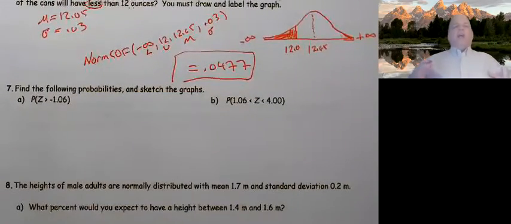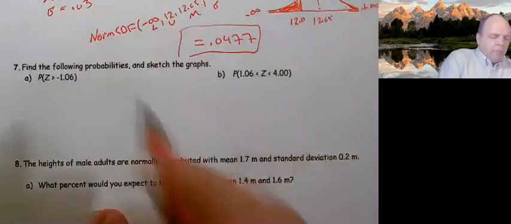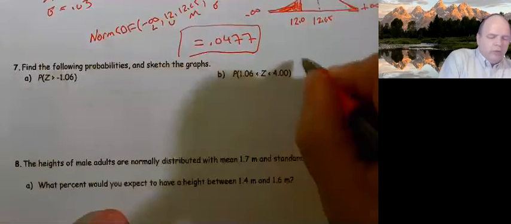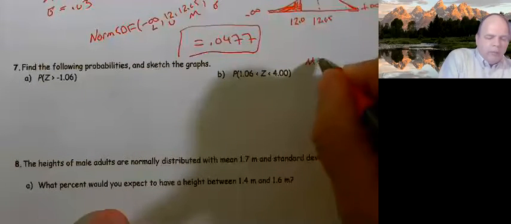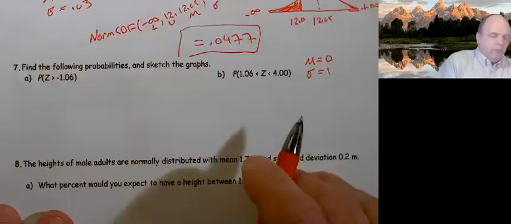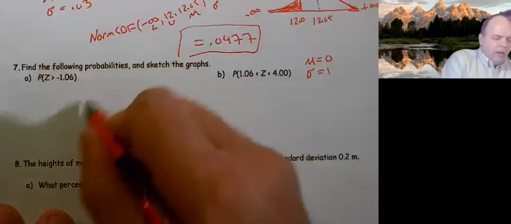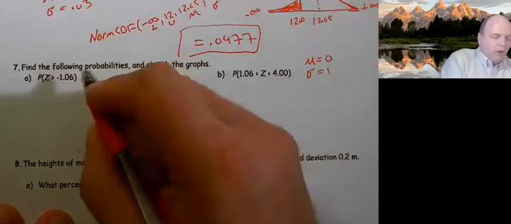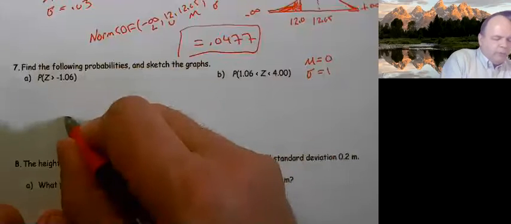So find the following probabilities and sketch the graphs. Well, here we're working with z-scores, all right? Now, please remember, anytime you're working with z-scores, they always have a mean of 0 and a standard deviation equal to 1. Very, very important. And by the way, it should have said that these are normal. It's the only thing we know how to do.